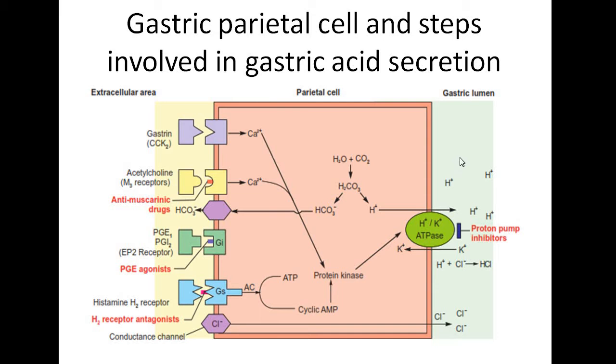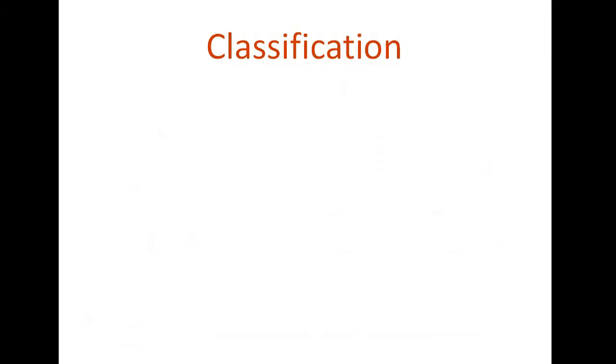And we have antibiotics which kill the microorganism responsible in about 80% of gastric and peptic ulcer, that is anti-H. pylori antibiotics. So the classification of anti-peptic ulcer drugs is based on mechanism and site of action.